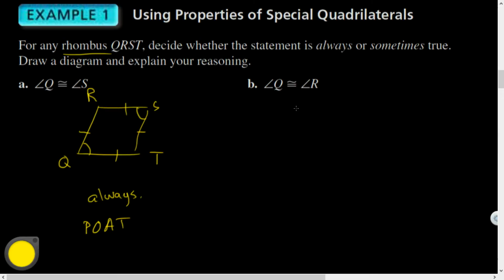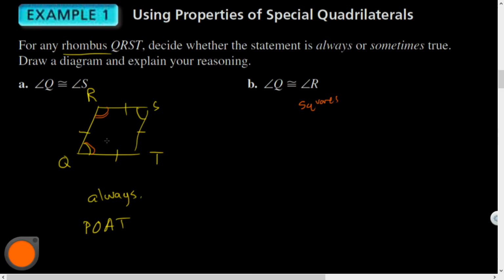How about this one? Angle Q in that same sketch, congruent to angle R. How often does this happen? Always, or if these two are congruent, it would be what type of shape, Anthony? For squares, it's true that the adjacent angles would be congruent, or the consecutive angles would be congruent.